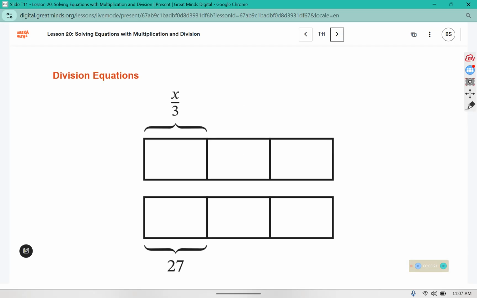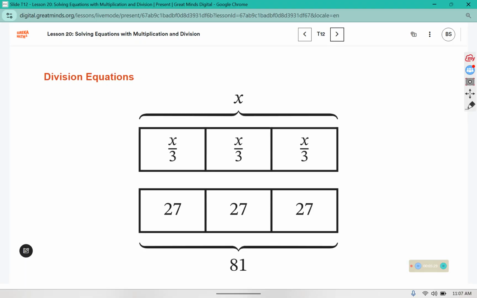So these 3 combined would make x. And if this one box is 27, we would need 27 in each of those boxes, which means x is 81. This would be 1/3, 2/3, 3/3 to make a whole x. 27 plus 27 plus 27 makes 81.